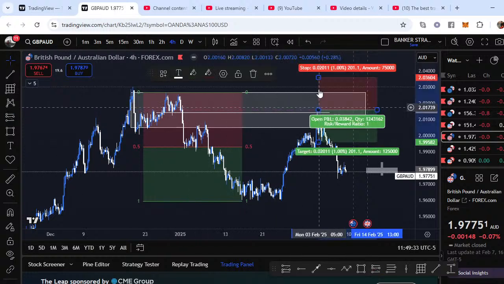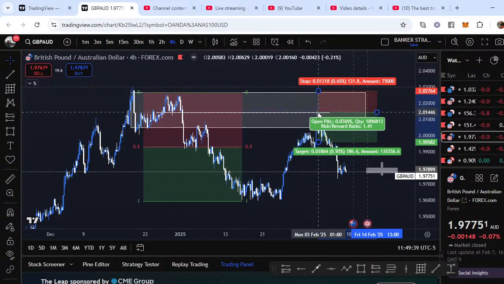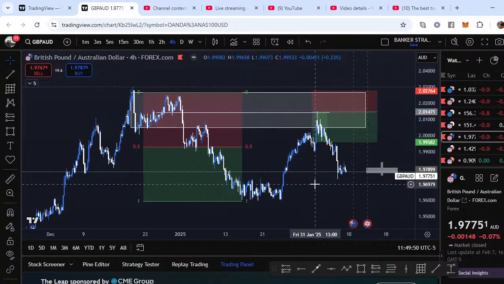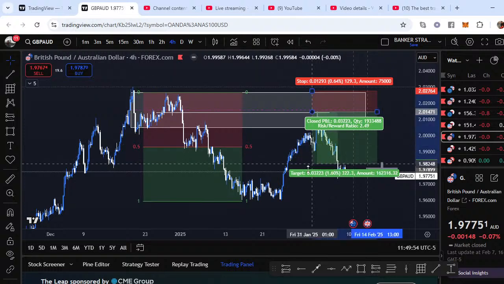Now, taking a trade like this, right? Say if you took this trade, where this would be, look, you know why? Because this is the next area of interest.